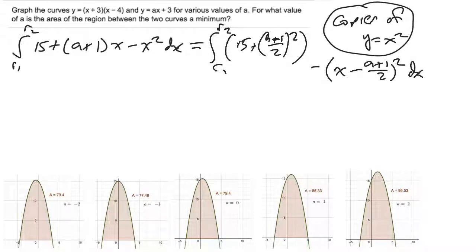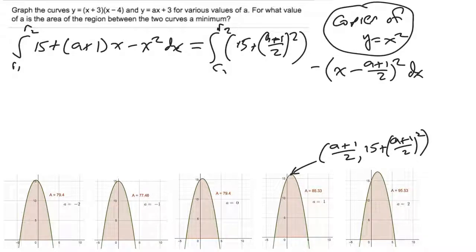The advantage of this is that I can identify the vertex. The vertex is always given by coordinates (a + 1/2, 15 + (a + 1/2)^2).